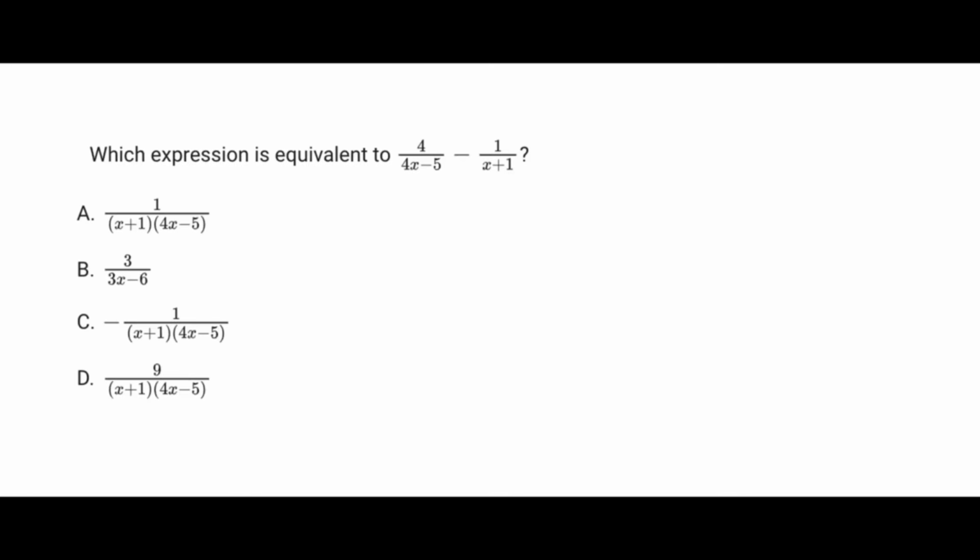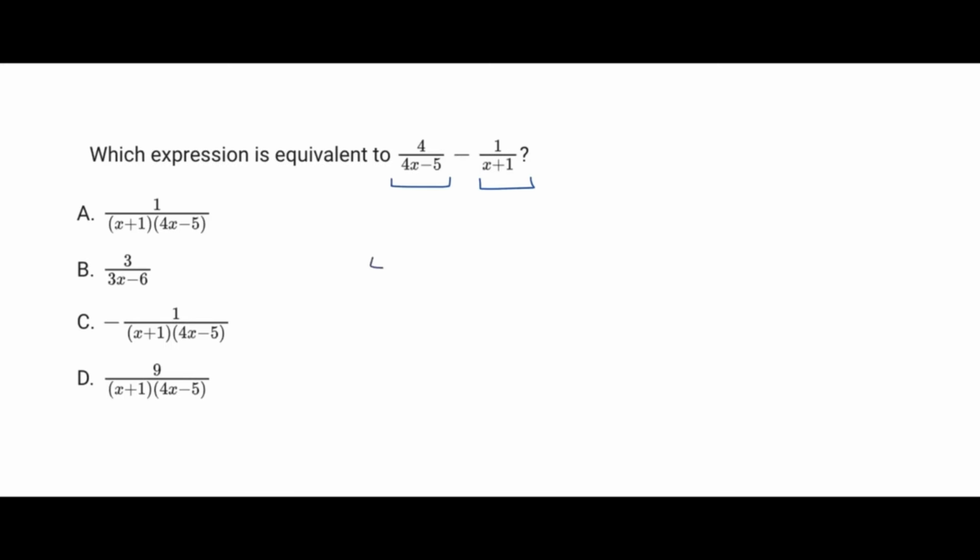In the first term, we have 4x minus 5 as the denominator, and for the second term, it is x plus 1. So we can pretty easily find a common multiple by multiplying 4x minus 5 by x plus 1, and then vice versa, multiplying x plus 1 by 4x minus 5. And by doing that, we also have to do the same thing to the numerator.